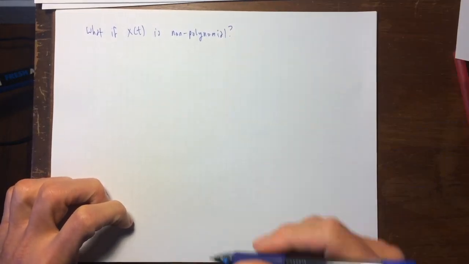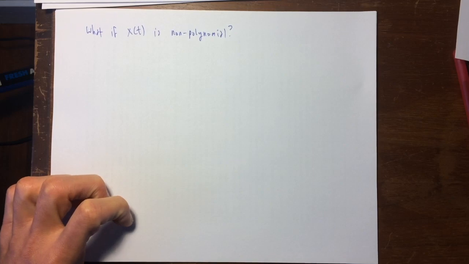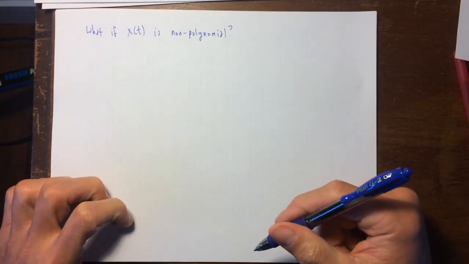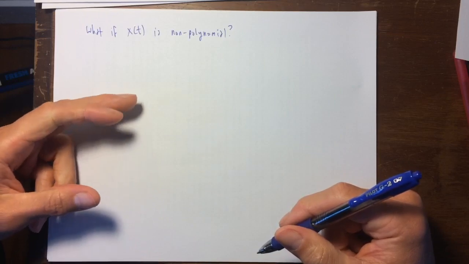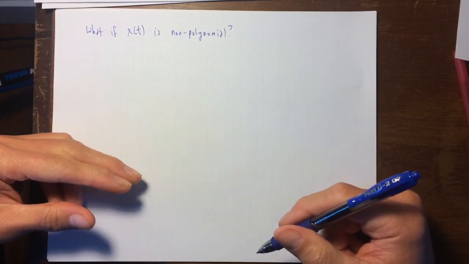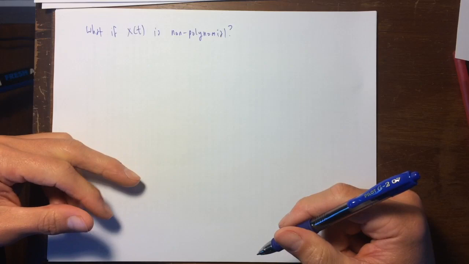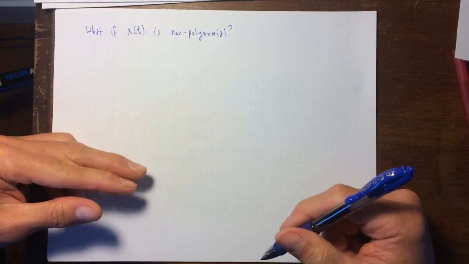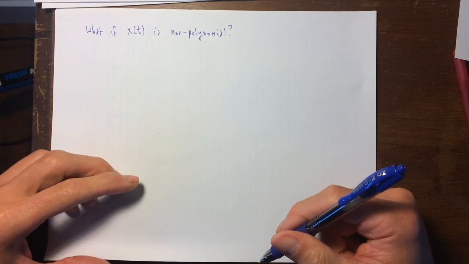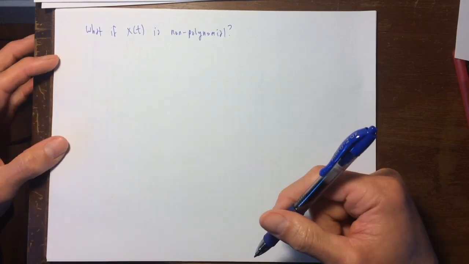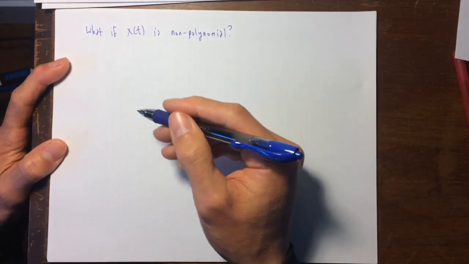So let me show you where that could go. So I'll continue for a few minutes, and then I'll make another video. You'll have to switch videos to look at how that continues. And then I'll do a free fall problem for you after that, or actually 2 free fall problems probably. So what if x of t is non-polynomial?